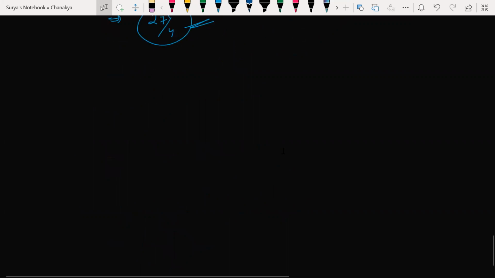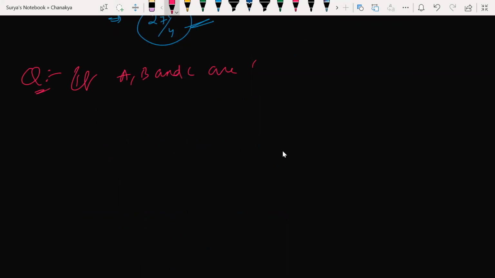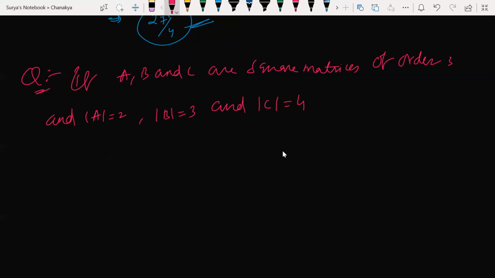One more question. This type of question has been asked multiple times. So let me give one more question. If A, B and C are square matrices of order 3, and same type of question, I need an answer within a minute. And determinant of C is given as 4.